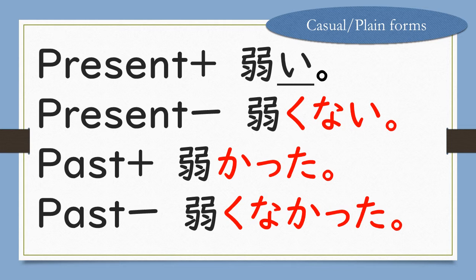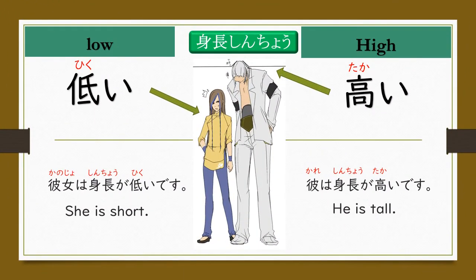Present positive 弱い. Present negative 弱くない. Past positive 弱かった. Past negative 弱くなかった. Now high and low.